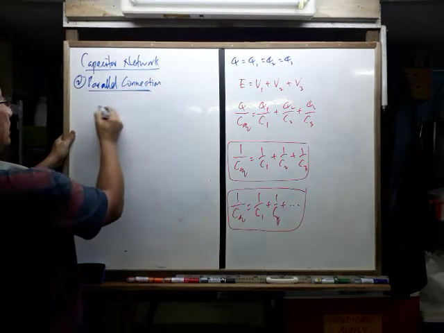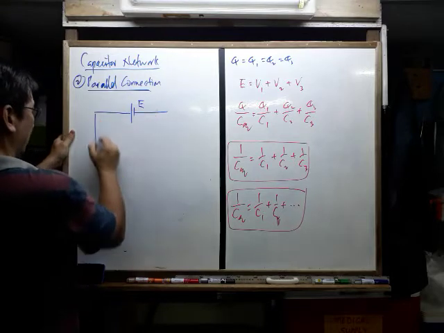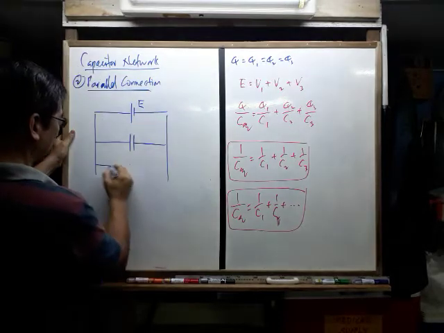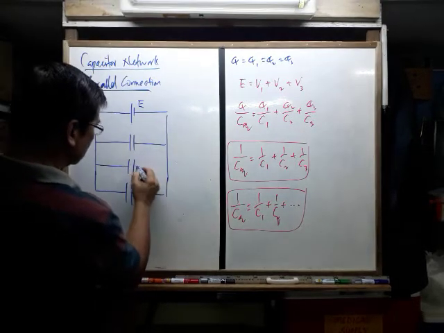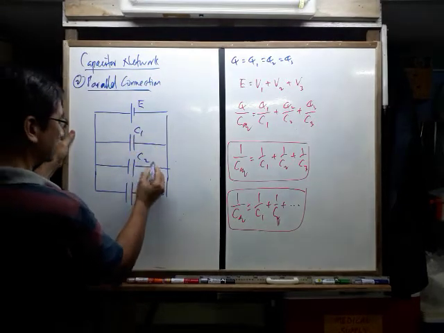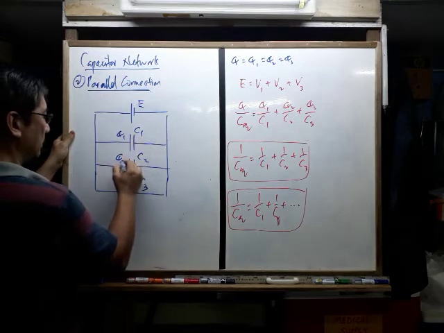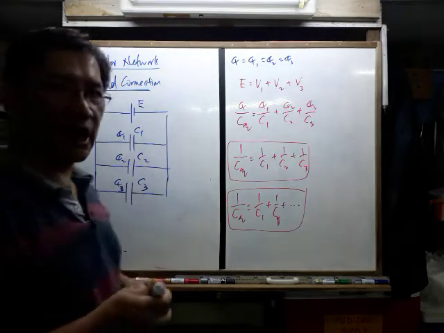In our parallel connection, we have the same battery, but we have 3 capacitors in parallel. This is C1, C2, C3, and the charges here will be Q1, Q2, Q3. But now the charge will be different.